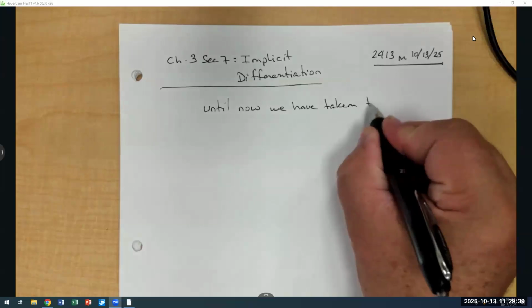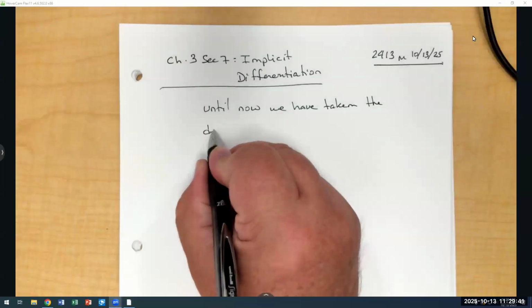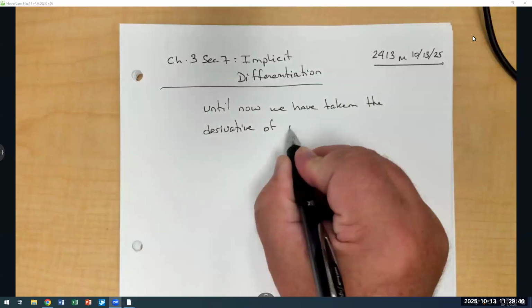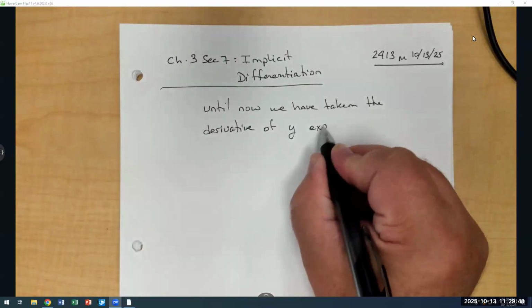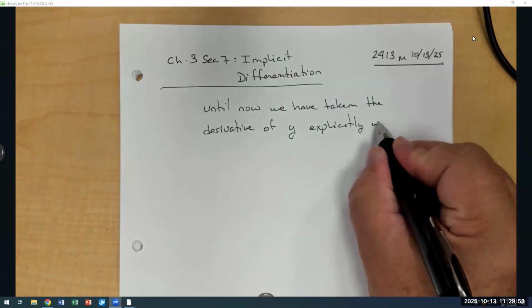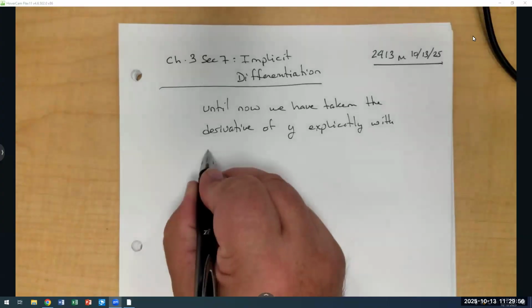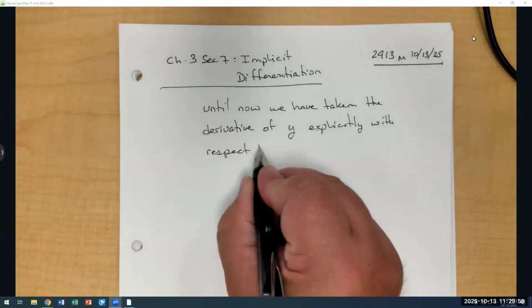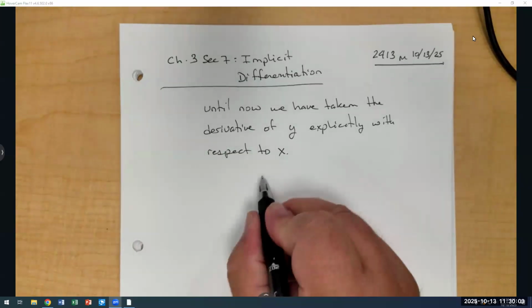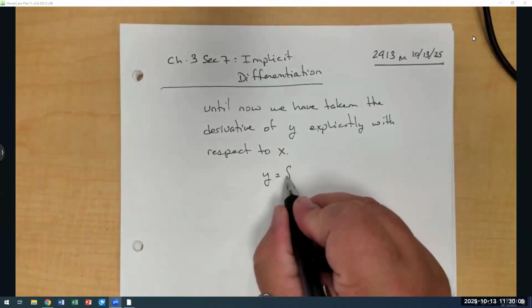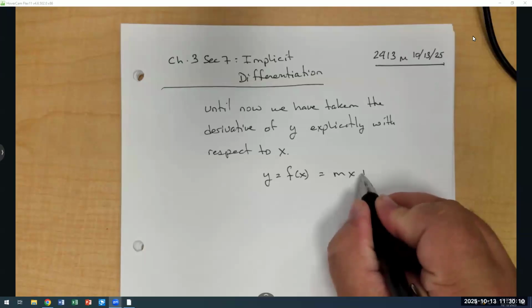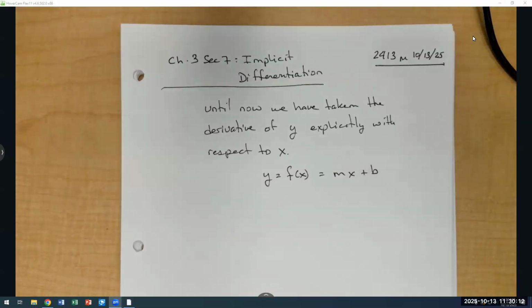We have taken the derivative of y explicitly with respect to x, whereas all of our functions, we could say, were like this.